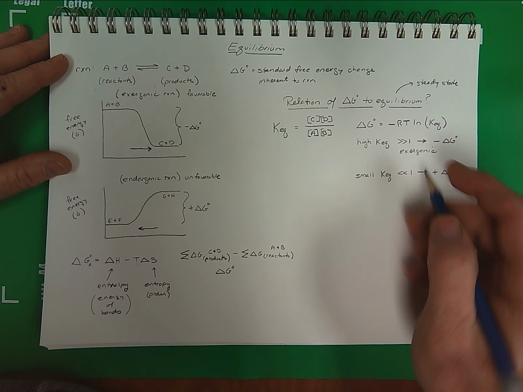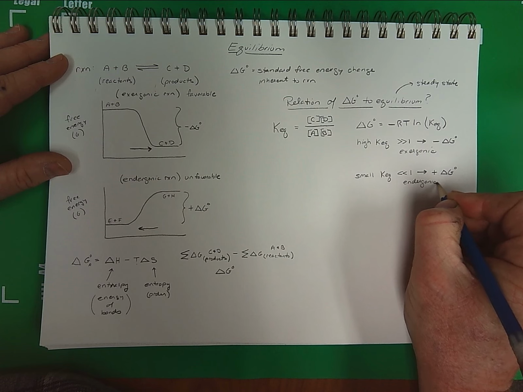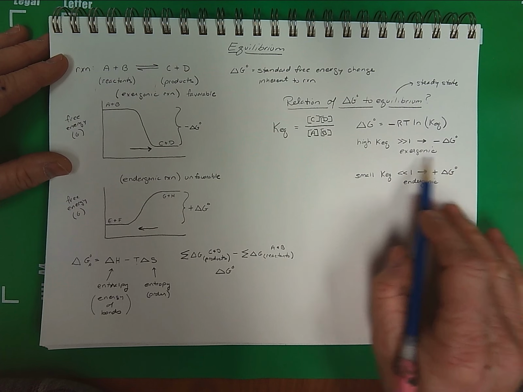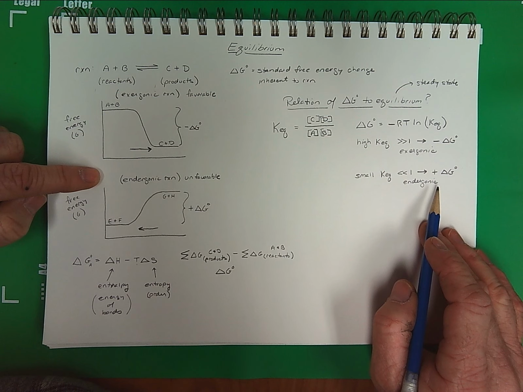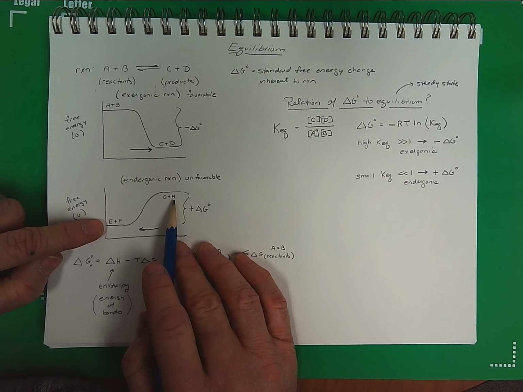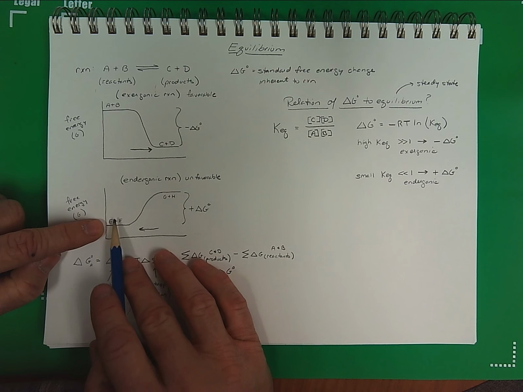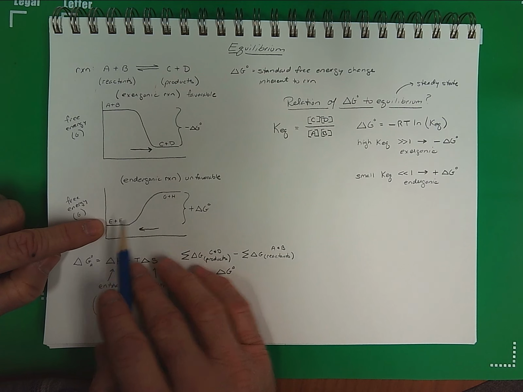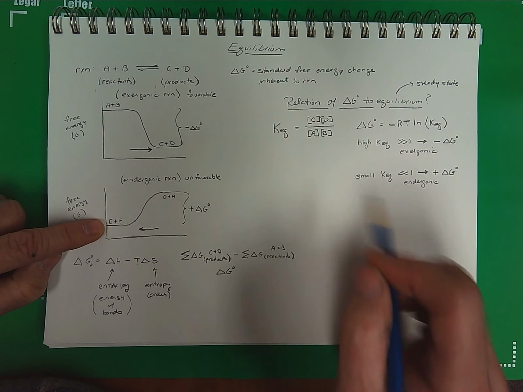This, of course, is an endergonic reaction. Now compare this calculation with our endergonic reaction, where here we're going to have, let's say, very little product formed, and this reaction is going to want to stay more in the form of the reactants. That would give us a small equilibrium constant.